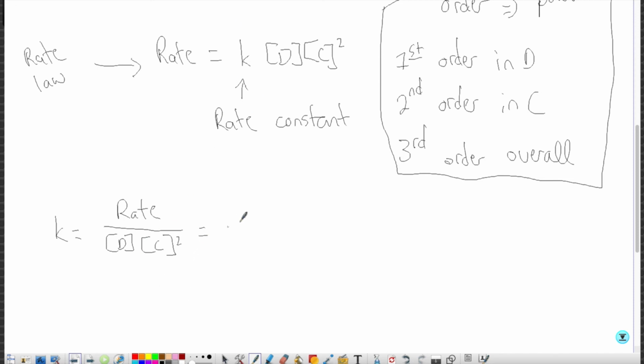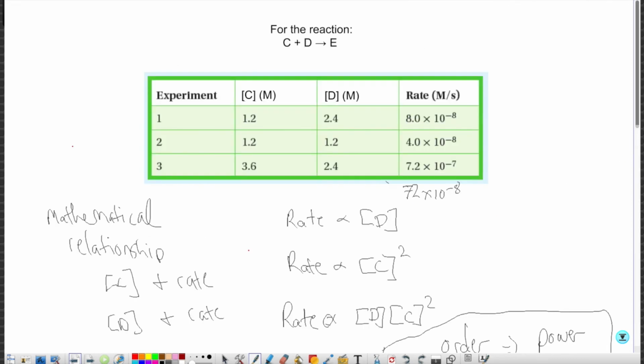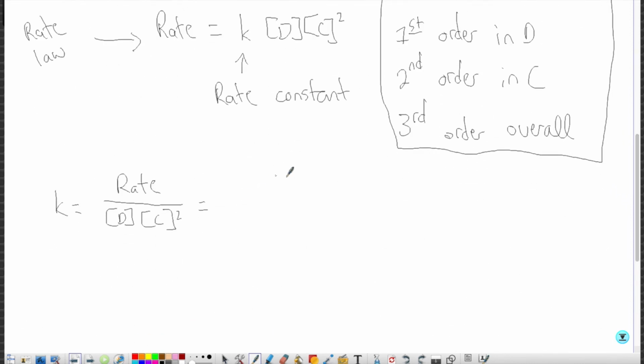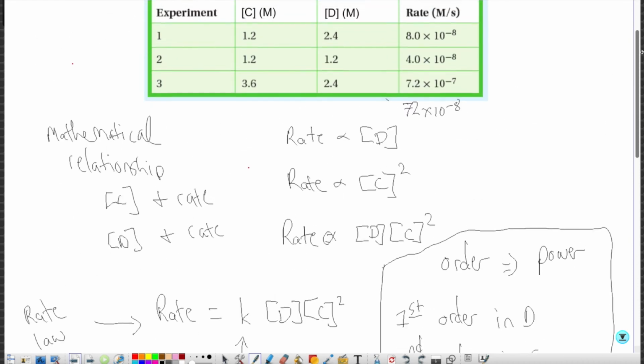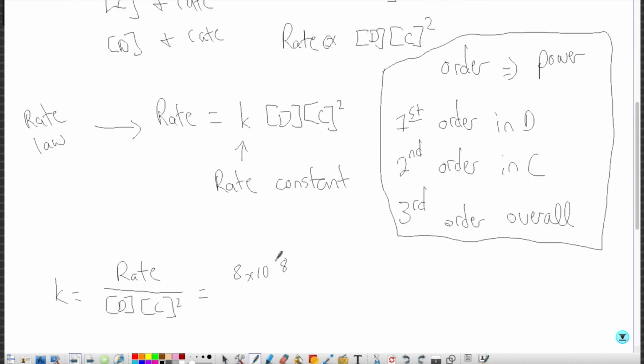So if I do that, let's just pick the first experiment and plug in the numbers. 8 times 10 to the minus 8 molar per second.